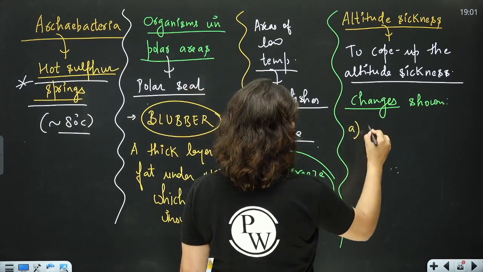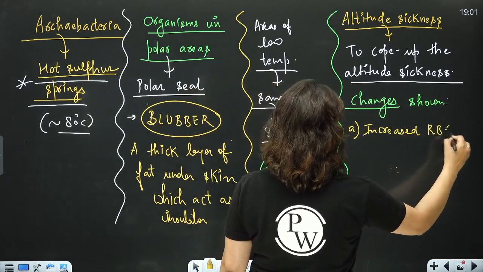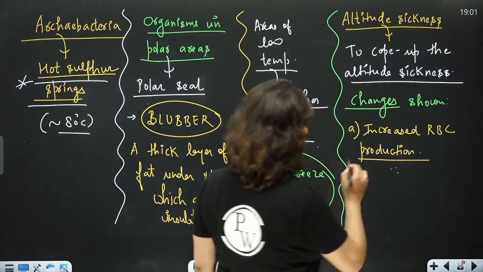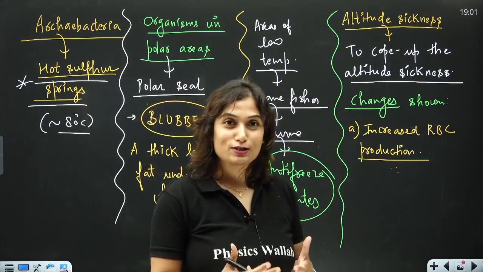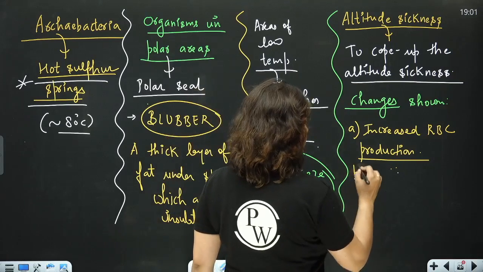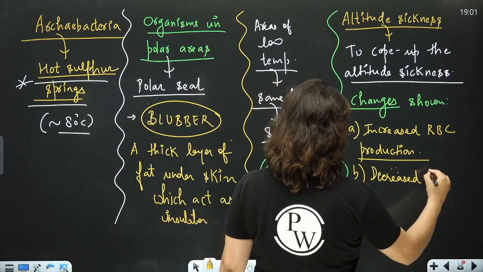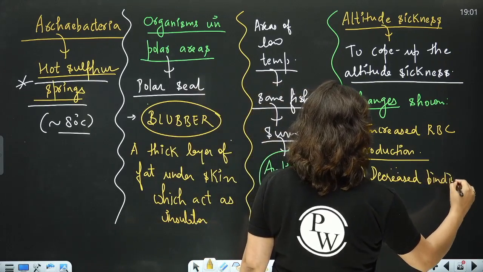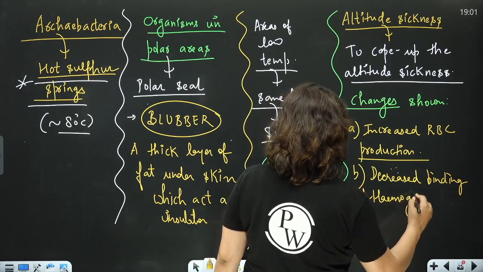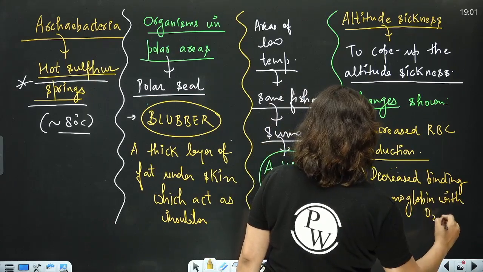First, increased RBC production. The number of RBCs increases so that more and more oxygen can bind with the RBCs. Then decreased binding capacity of hemoglobin with oxygen.